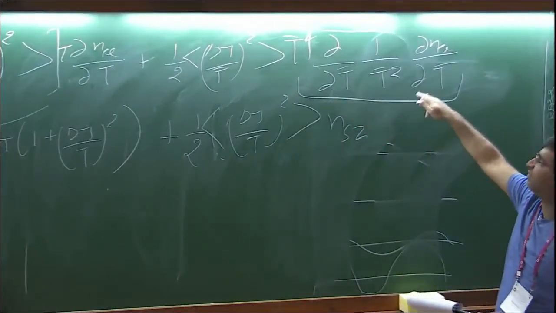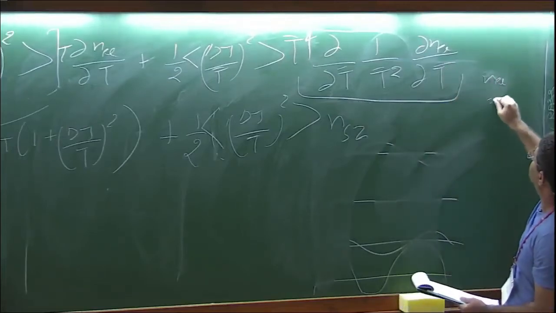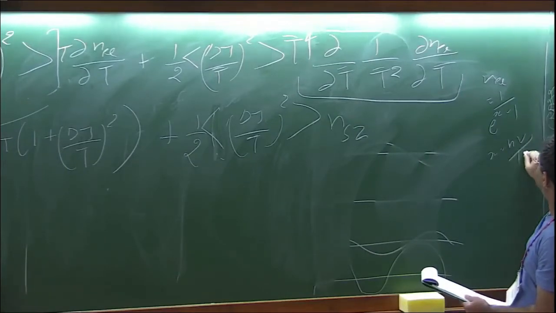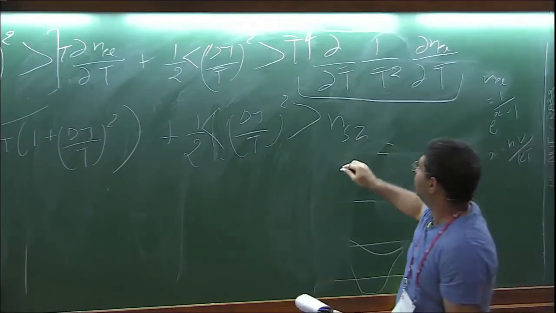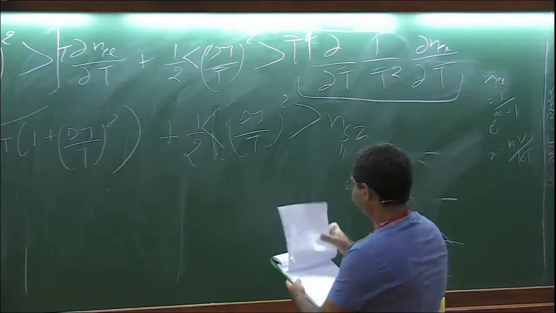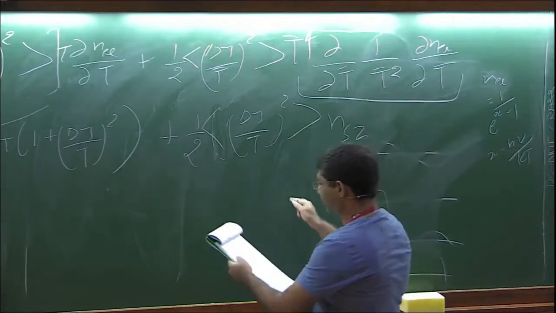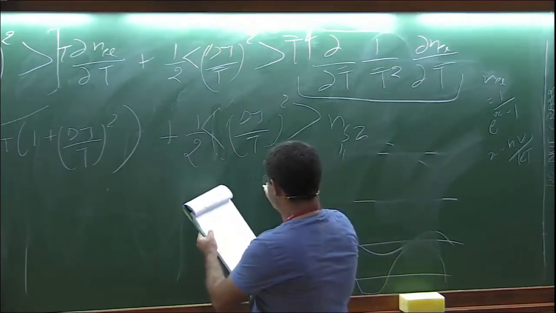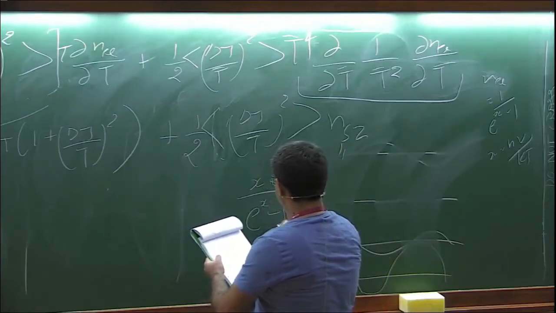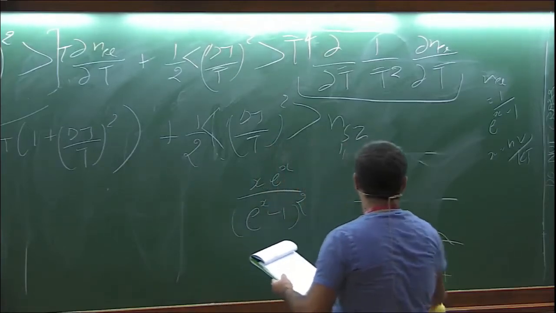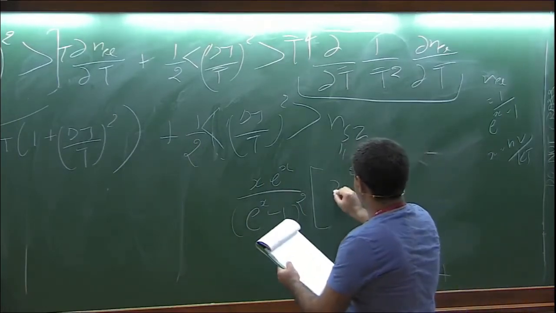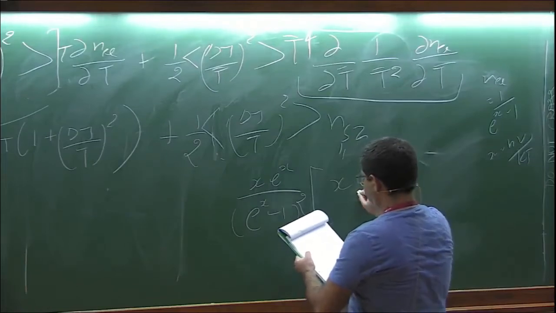So if you expand this, you put in n Planck equal to 1 over e to the x minus 1, where x is h nu over kT, and do the derivatives. This actually turns out to be just the Sunyaev-Zeldovich solution, which in terms of x is x e to the x over (e to the x minus 1) square, times x e to the x plus 1.